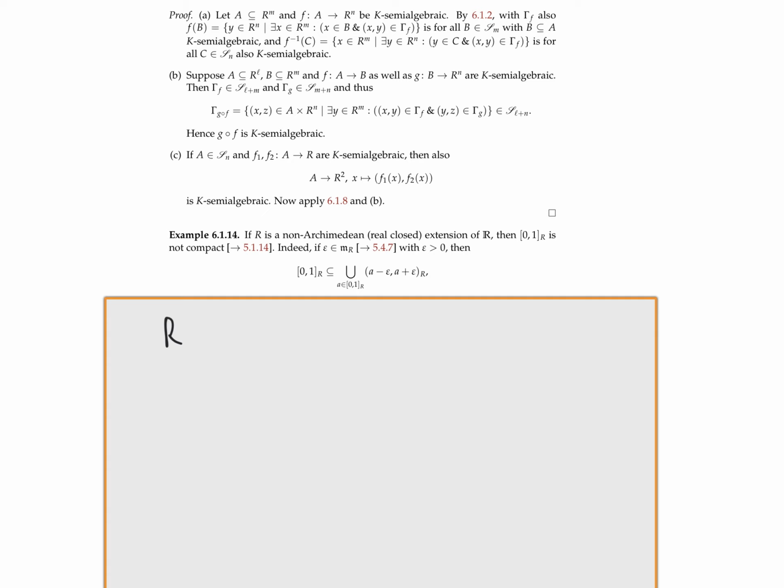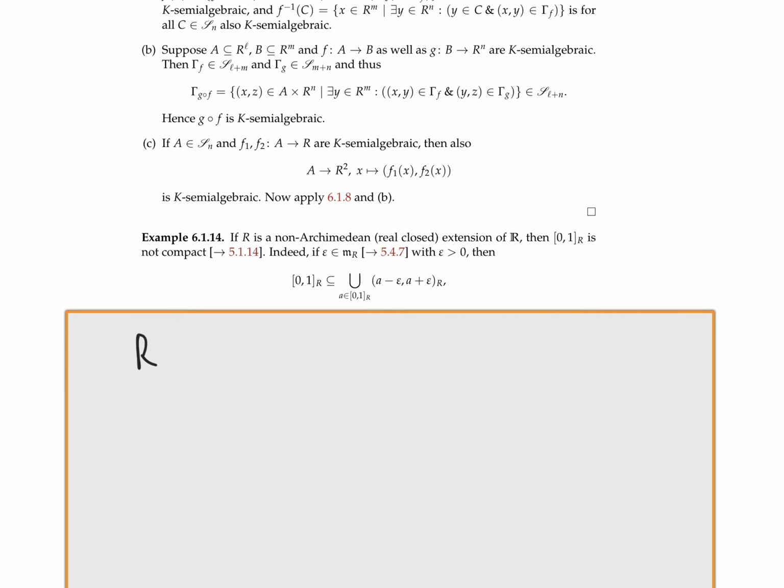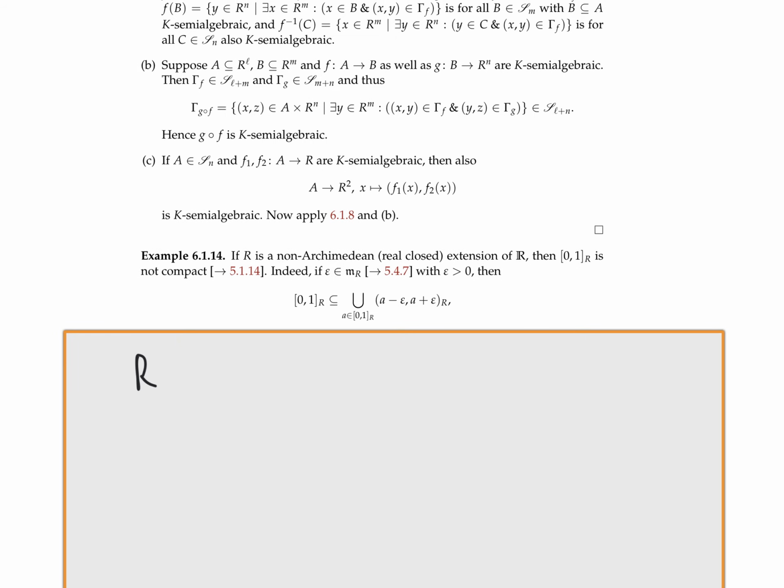Namely, it has some unusual behavior. For example, the interval from 0 to 1 with endpoints included in R. If R is the real numbers, then that's clearly compact. But it's not compact in this topological sense with respect to the order topology.